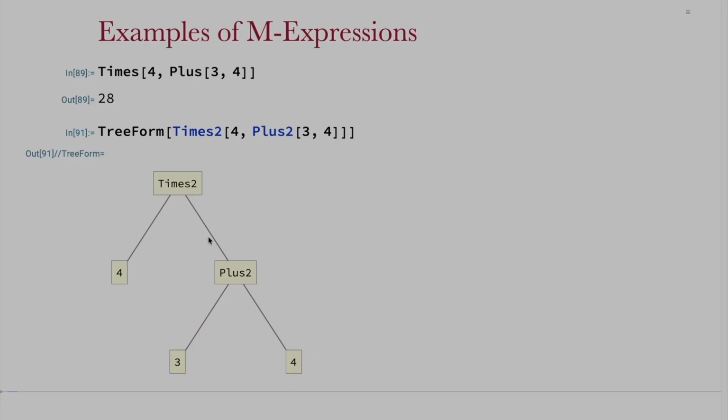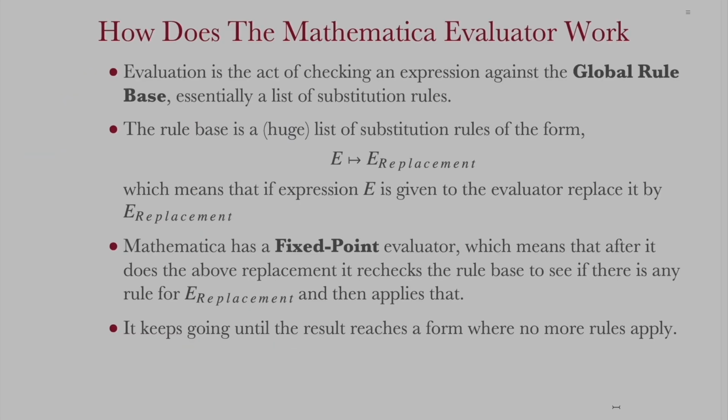It sees times, and then it sees 4 and then plus, and before it does any multiplication, it evaluates plus, whose arguments are atomic, so it doesn't have to traverse the tree any further. It evaluates the inner portion first, and then the times, which is naturally what would happen in mathematics anyway, but it follows that rule for everything. So formally, how does the Mathematica evaluator work?